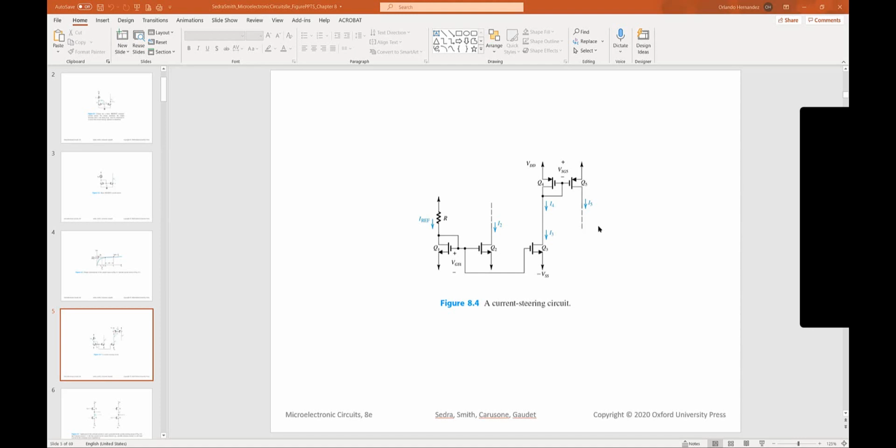Hopefully you can see how that works. The purpose is not to go into the current steering DAC architecture, but hopefully you get the gist of it. If you are more interested, that would be something to research, looking at the circuit topology and architecture of current steering DACs. But at the heart of that technique is generating different currents with current mirrors and current sources. Okay.